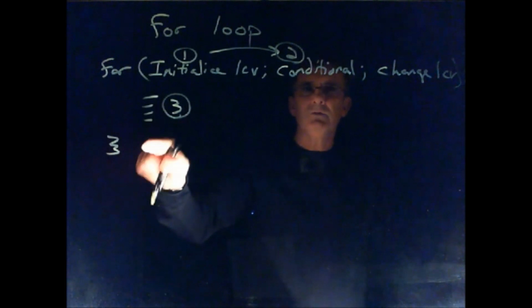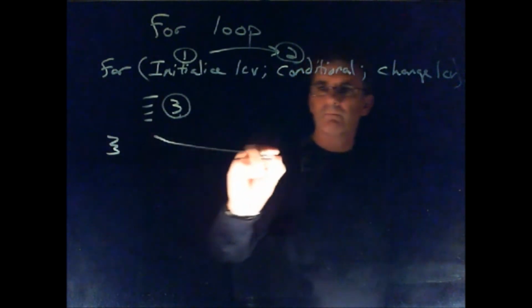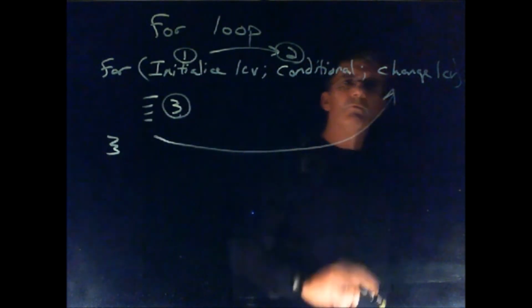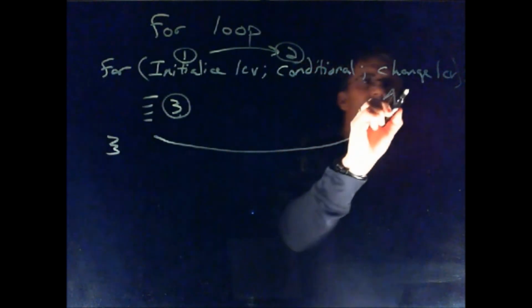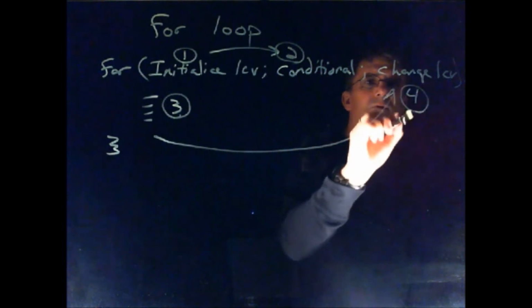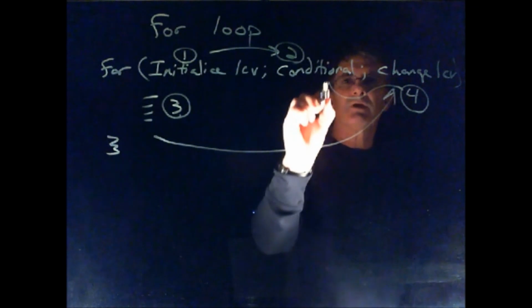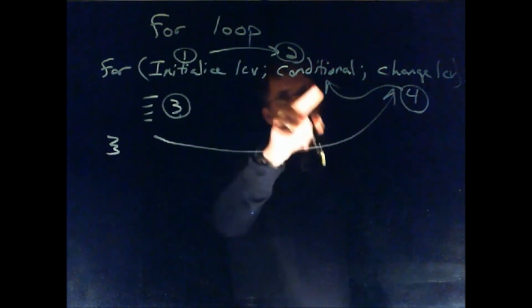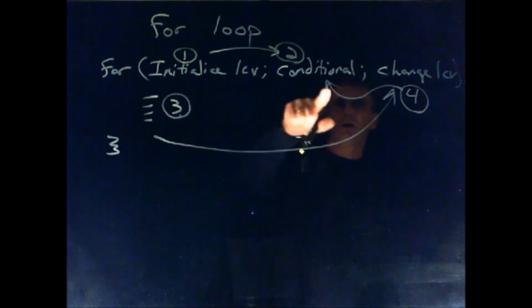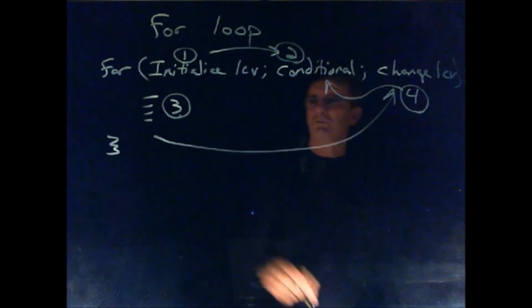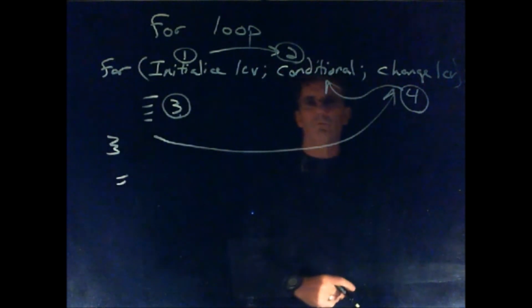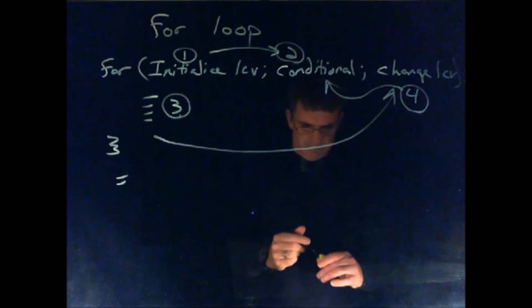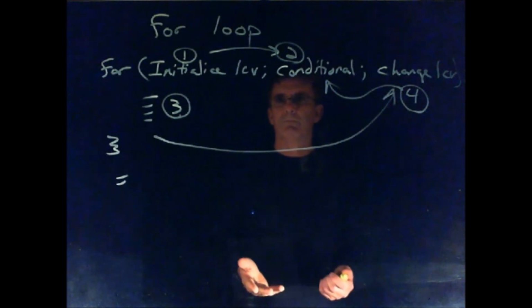When we get done with the loop, we change the loop control variable. Check it with the conditional. If it's true, we continue. As soon as this conditional is false, we continue the rest of the code outside the loop.